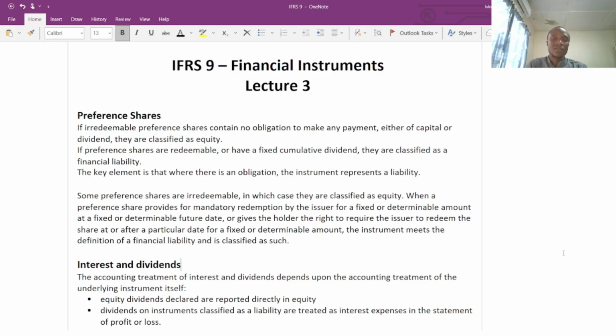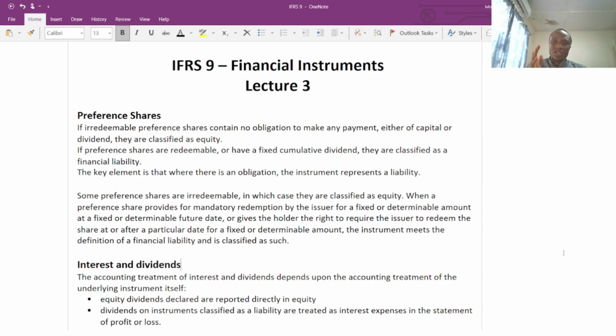Then finally, which is more important for today's session, we are going to look at how we can split between the debt and equity when we are talking about compound financial instruments, such as the convertible loan note, because it has the option to convert a loan into X number of shares in X entity, for example.